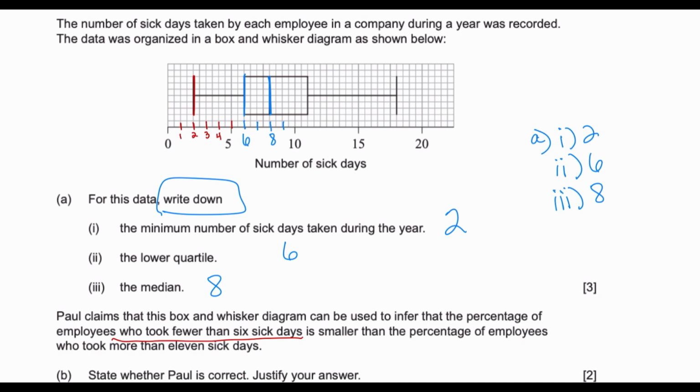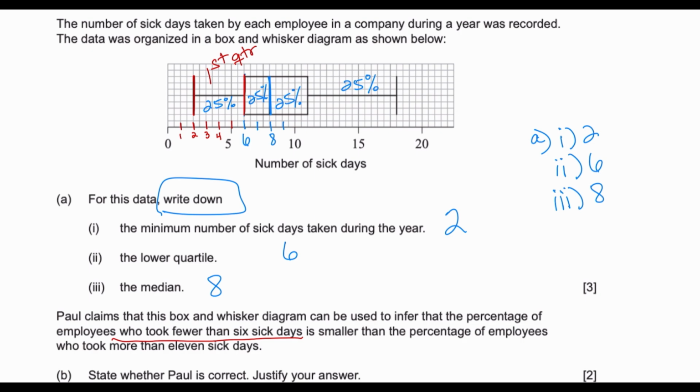So if we take a look at the percentage of employees who took fewer than 6 sick days, here we're talking about the space in the first quarter. Okay, don't get confused with quartile and quarter. We use a box and whisker plot to split this up into 25% intervals and split up the data into 4 quarters. The reason why you see some parts longer than others is because a box and whisker plot tells us about the spread of each 25%.